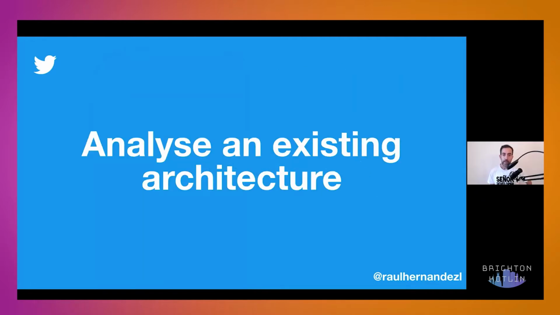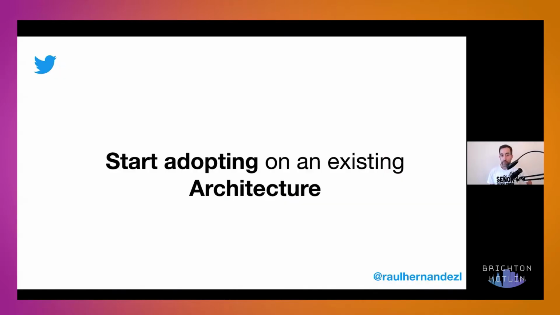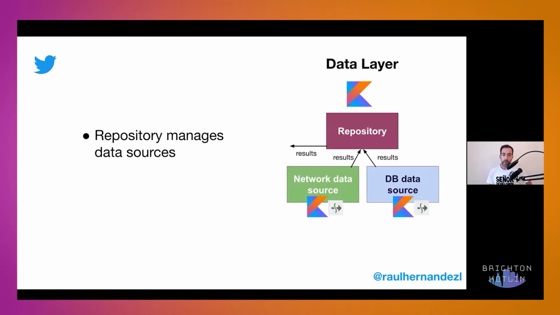Then let's see what architecture I started analyzing right there. And for that, we can start from this architecture. Obviously, this can be actually any architecture that you can think of initially. First of all, I use a separation of concerns. So I had the data layer with the repository managing two different data sources, the network and the database data source.